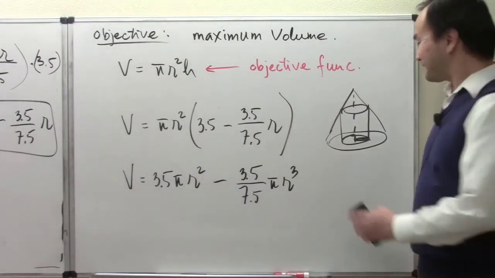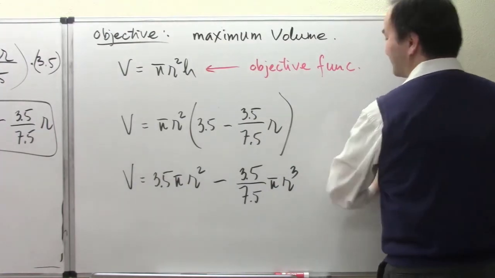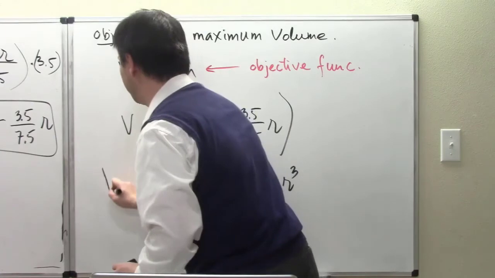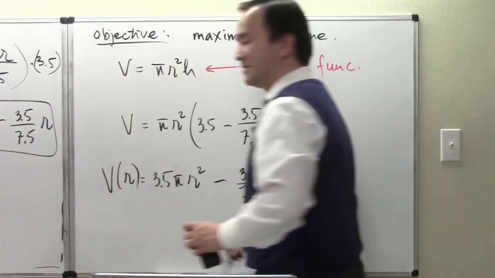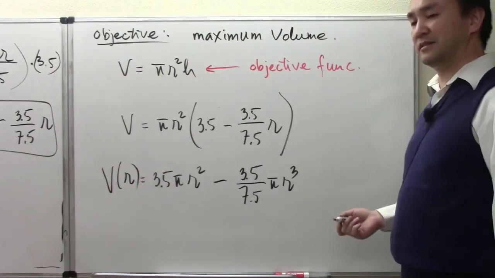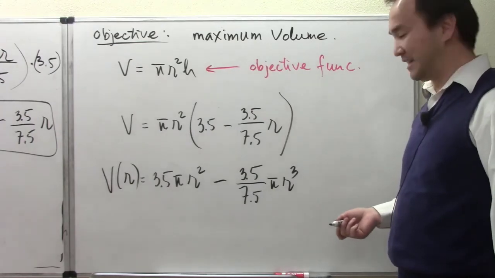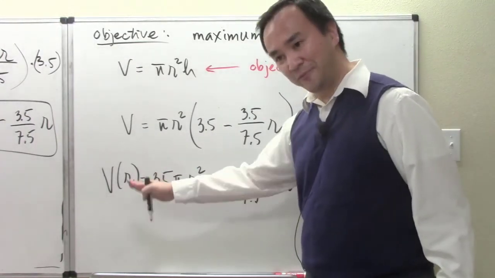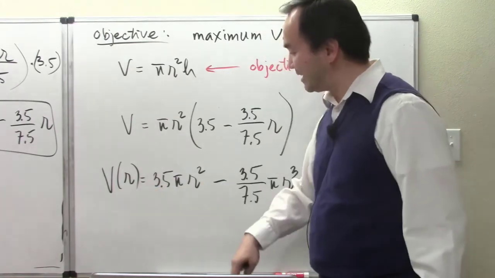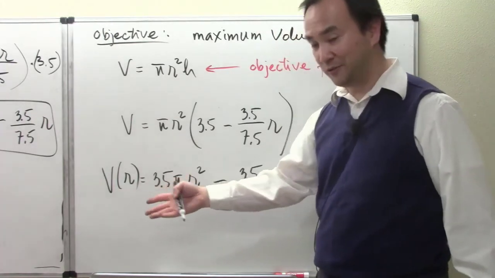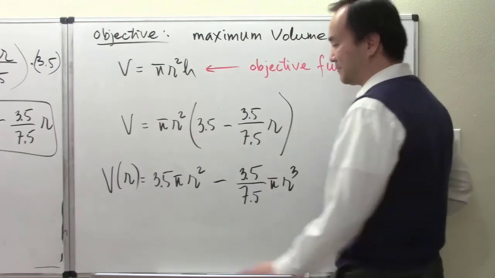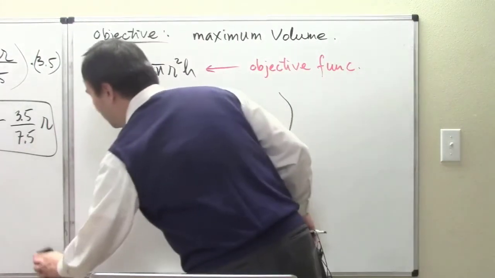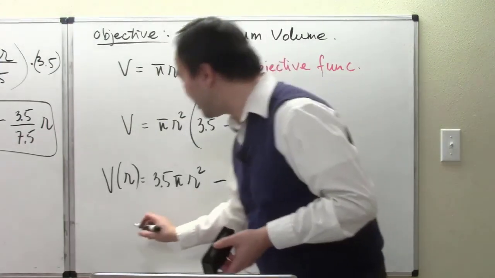All right. So now this is a function, in other words V of r. And that brings us back to the standard calculus problem. We're getting into step 4, where we apply the standard calculus work to find maximum and minimum. So my first step here is to take the derivative.